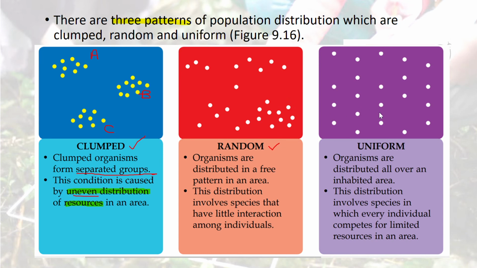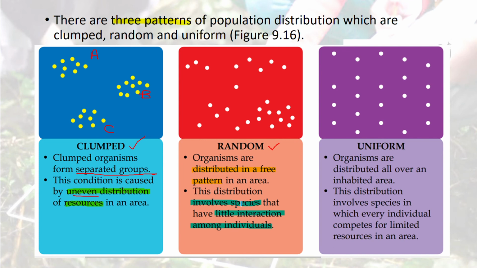Okay, I'm going to use my highlighter. Distribution is in a free pattern. Free pattern punya distribution. Okay, I'm going to change the ink color. It involves species that have little interaction among individuals.